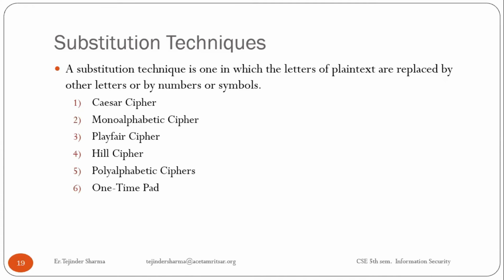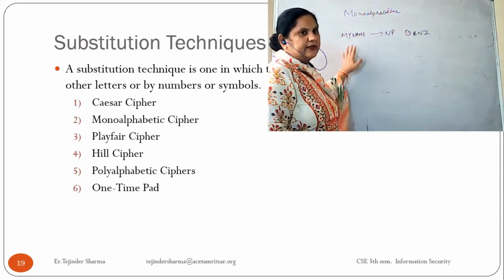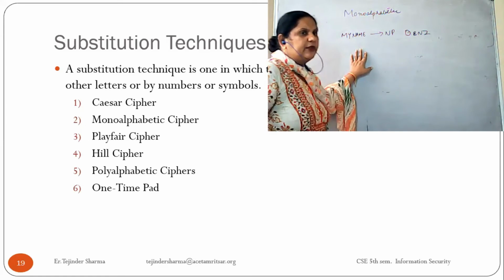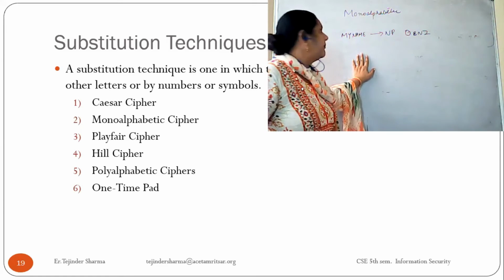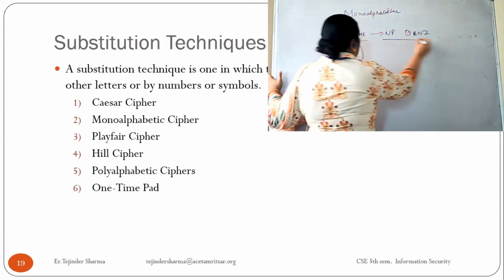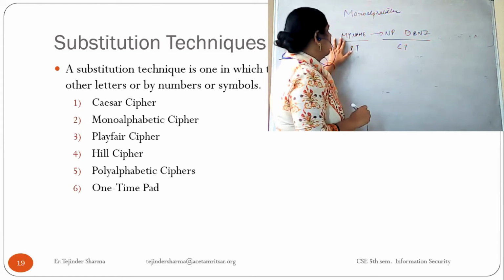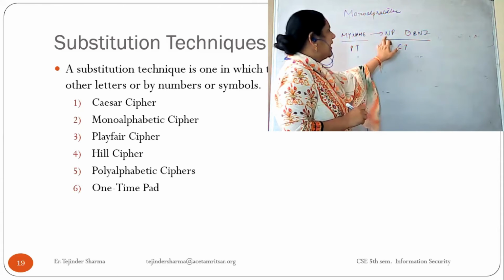Before going to the Caesar cipher, I'll do the monoalphabetic and polyalphabetic. Then we will move to the Caesar cipher. See, in monoalphabetic substitution, there is a relation between the alphabets in one-to-one form. For example, the plain text is my name, and this is your cipher. Suppose m is encrypted as n.